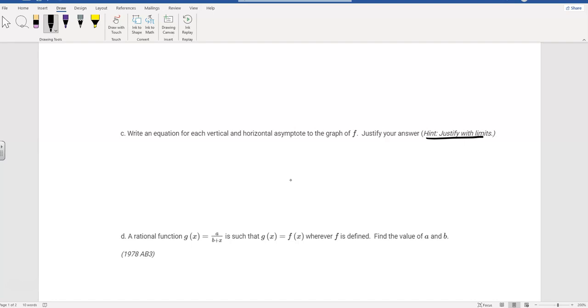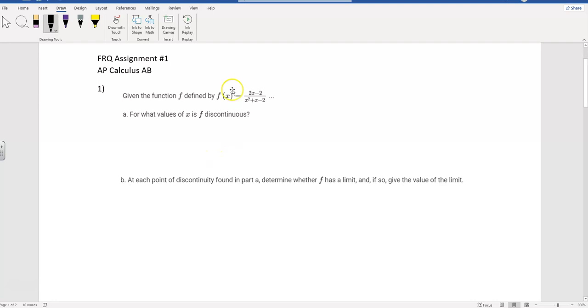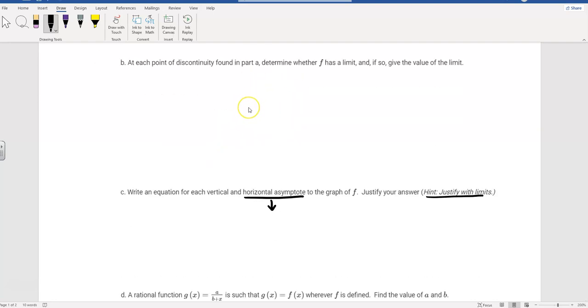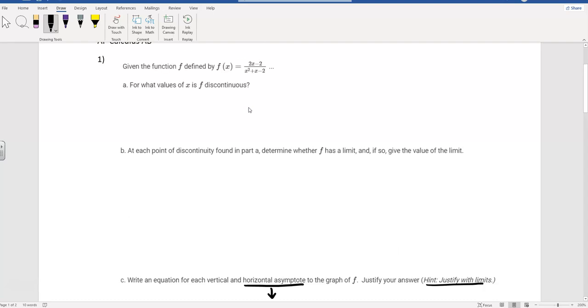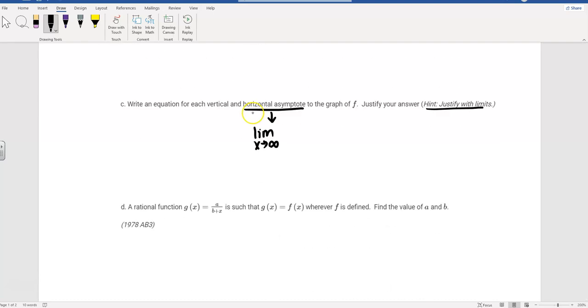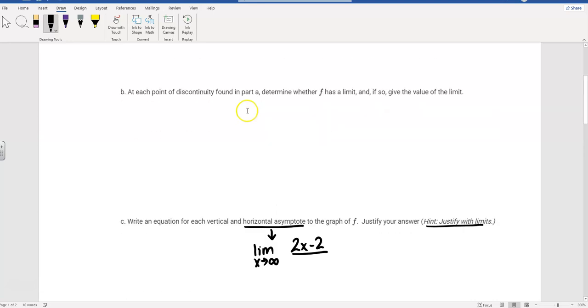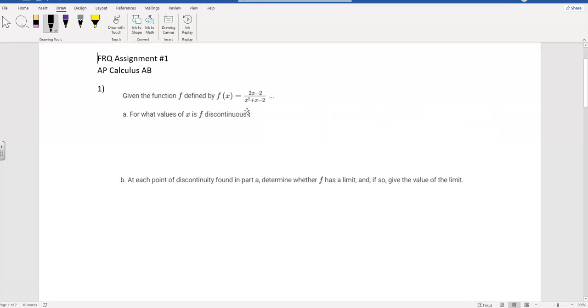But for the horizontal asymptote, to find it for this function, it's just a regular rational function. You're going to do the limit as x approaches infinity of 2x minus 2 over x squared plus x minus 2.